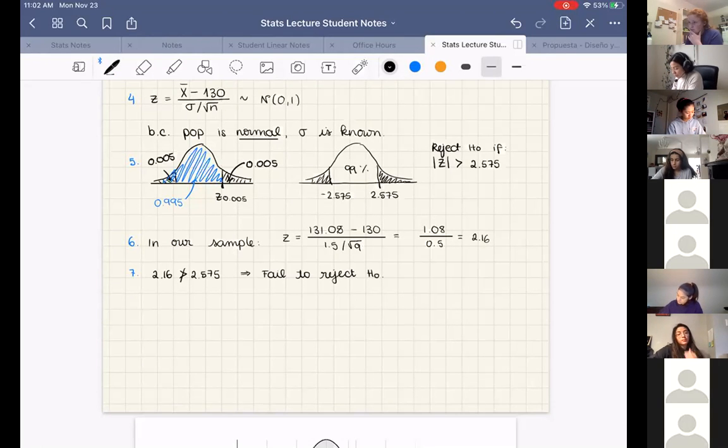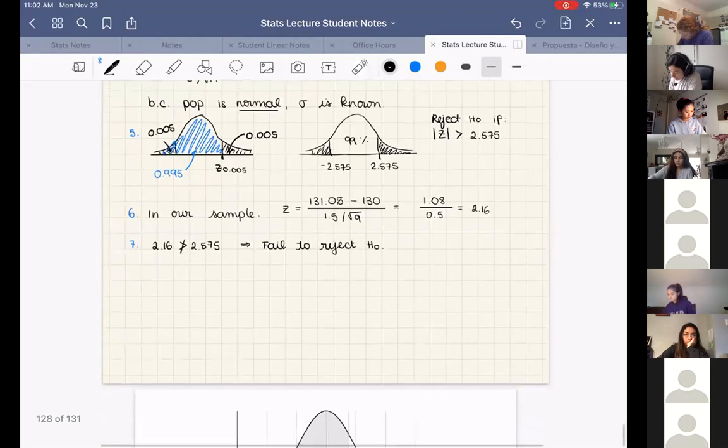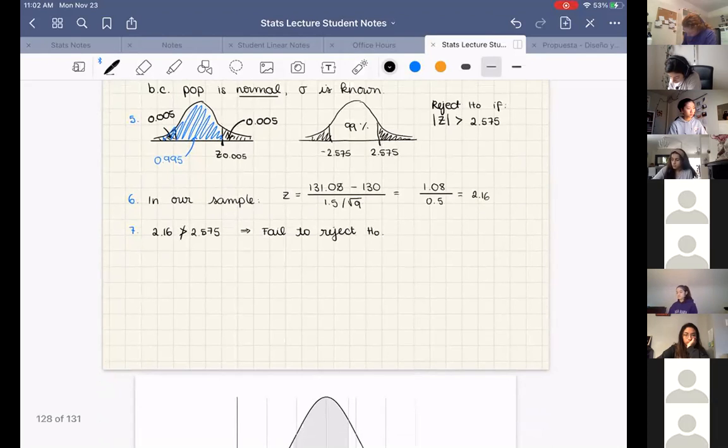I'm going to ask you to always try to interpret in a little sentence what this means. And for us, what this means is that there is not enough evidence to suggest or to contradict the manufacturer's claim.